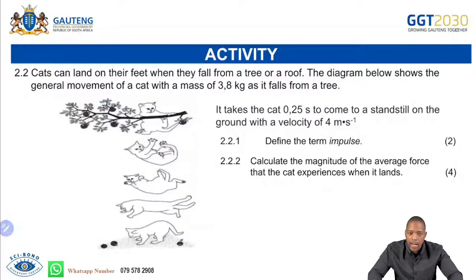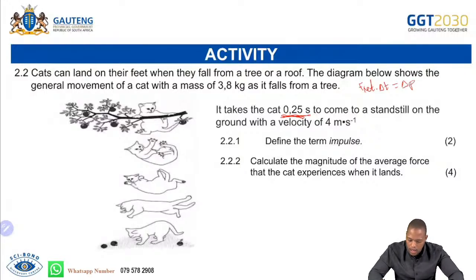It takes the cat 0.25 seconds to come to a standstill. Time of contact, I make note. I see this, and I think F net delta t equals delta p immediately.